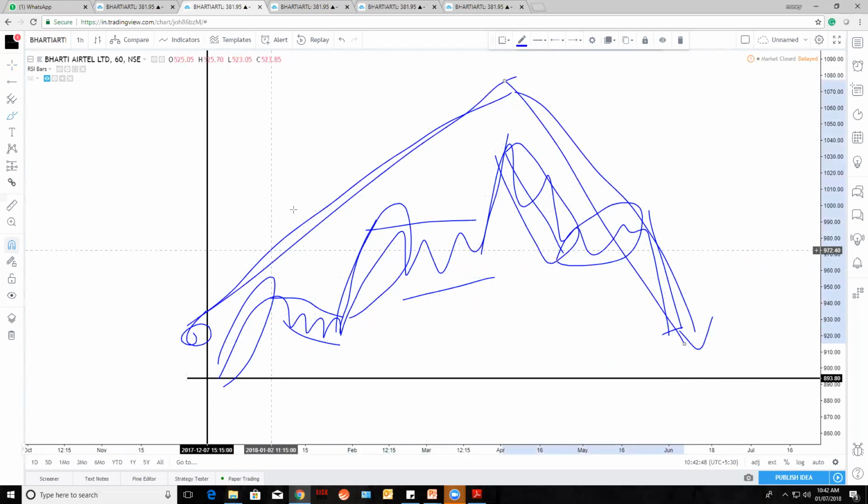So now we will come to know what the rules are to say whether it is a corrective wave or an impulse.